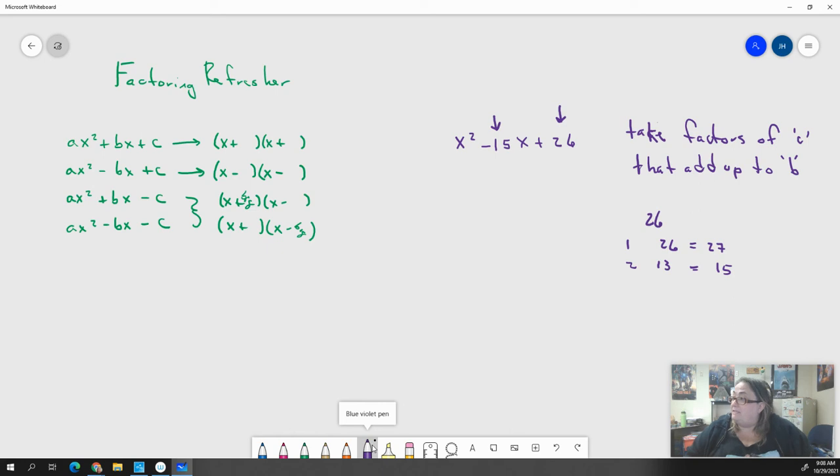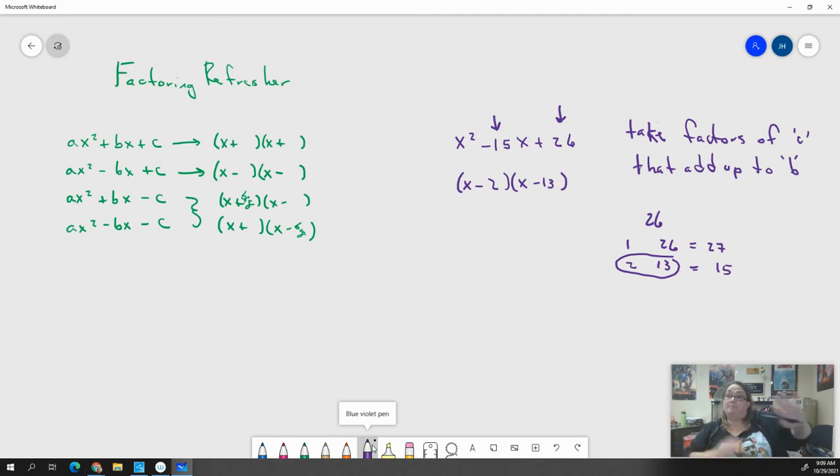We have a 15 here, so we know those would be the factors. And since our 15 is negative but our 26 is positive, our factors are going to be x minus something times x minus something else. Then we can just plug in those numbers. That's what we did earlier this week, right?